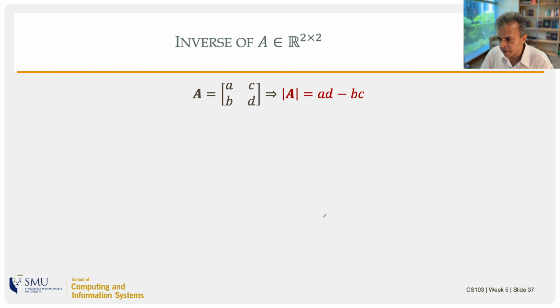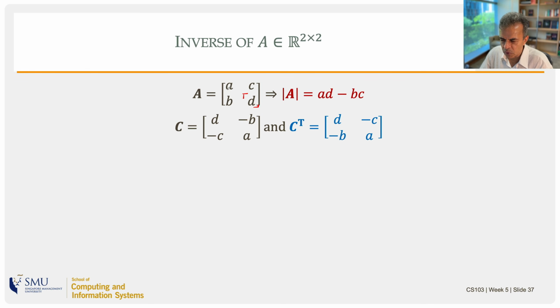We know that its determinant is AD minus BC. The minor here of A is just D, and that comes with a positive sign. The minor of C is just B, which comes with a negative sign. The minor of B is C, which is negative.